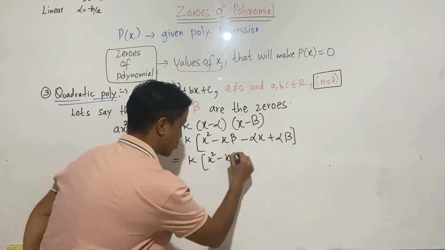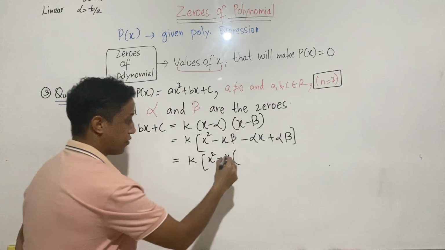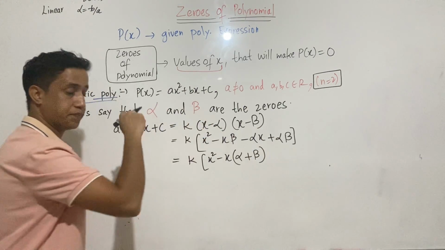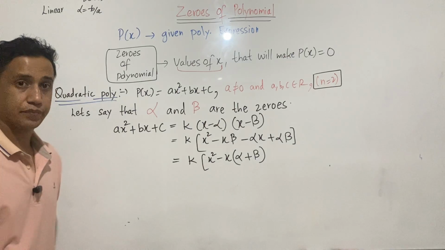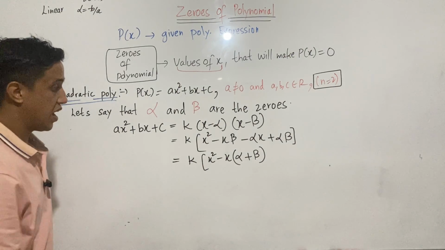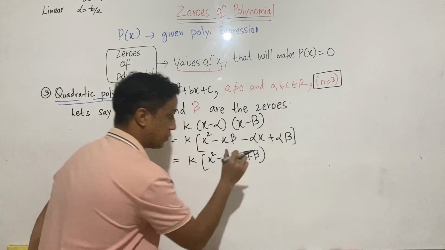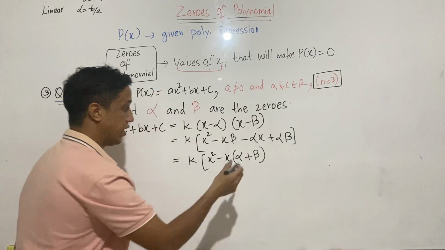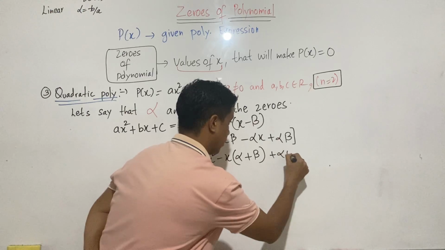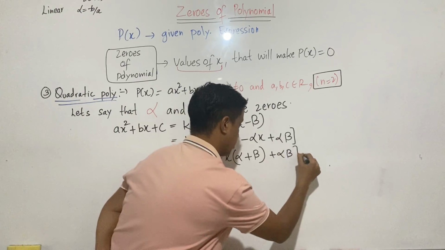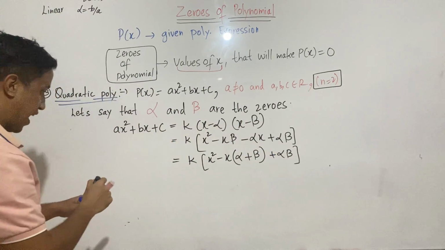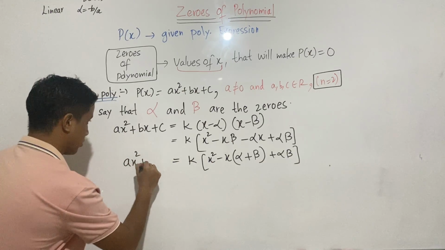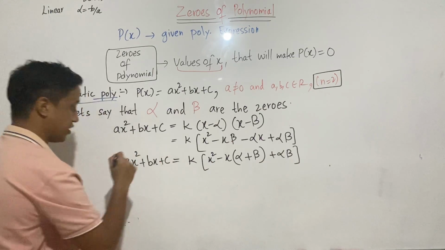If I take x common, can I write here alpha plus beta? Agree? Plus alpha beta. And on the left side, I have ax squared plus bx plus c.